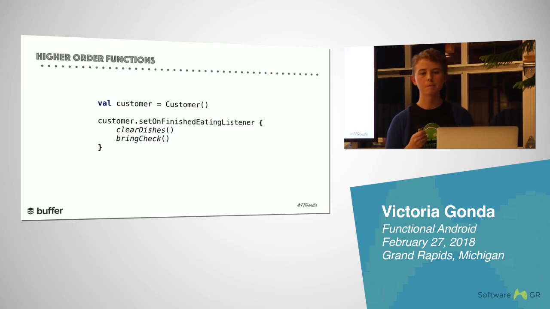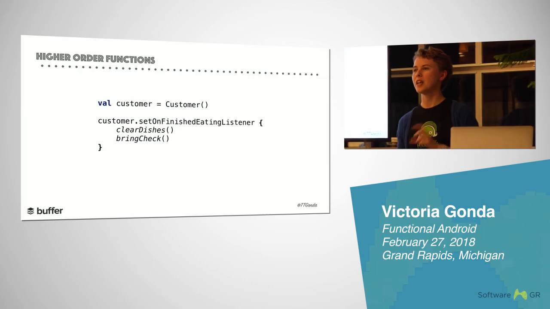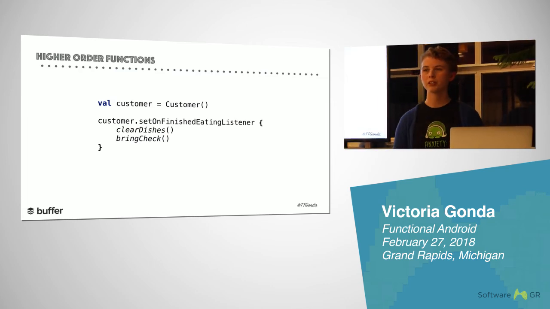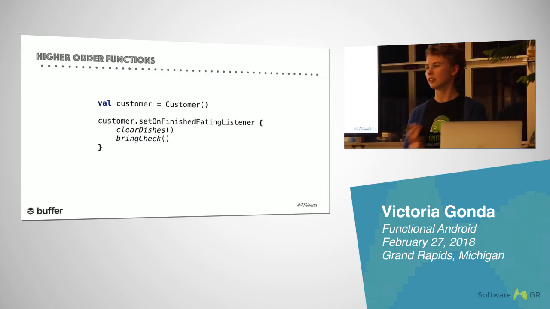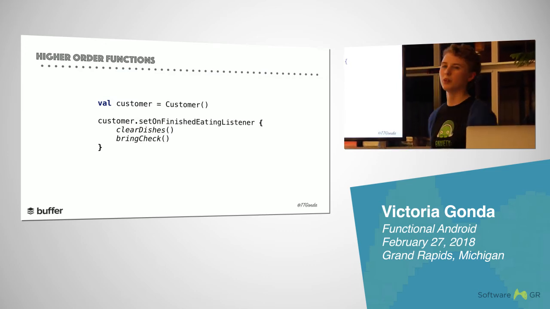All right, time to look at the other case for passing in a bit of logic without having to create a whole new class for it. So instead of an on-click listener, here we'll do an on-finished-eating listener. So we're going to listen for when the customer is done eating, and then we're going to bring them their check and clear the dishes.